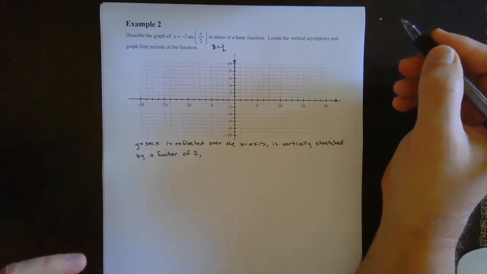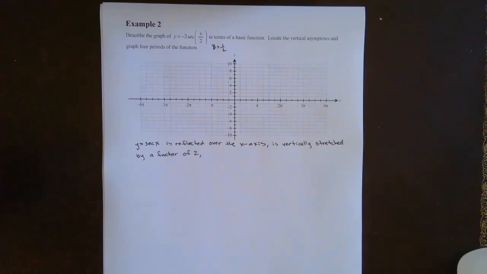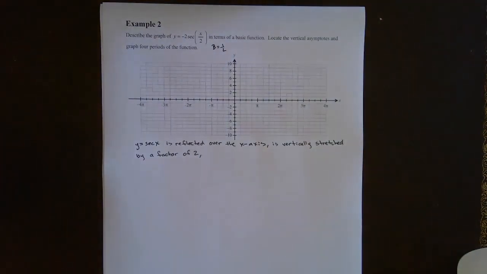What's the reciprocal of 1/2? Well, it's 2. So I'm going to take my x coordinates of any point on y equals secant x and double them, multiply them by 2. Now, what in essence does that do? It's going to make the x coordinates become bigger because you're multiplying by 2. That's going to cause a horizontal stretch by a factor of 2.